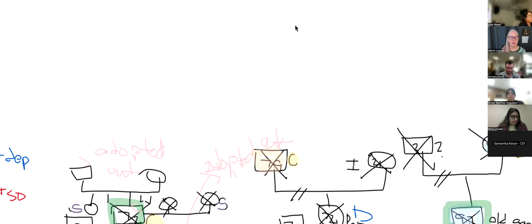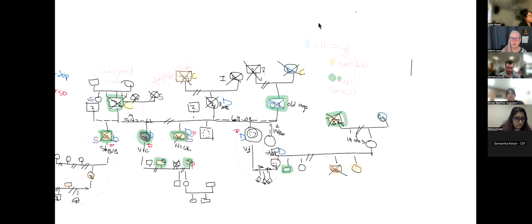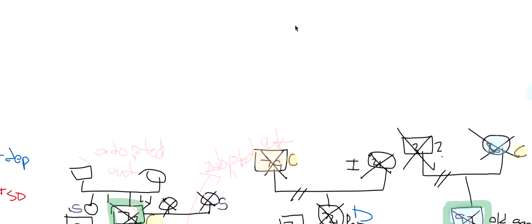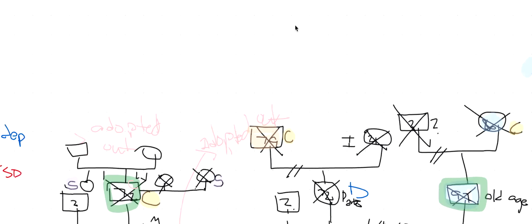So I am going to go back. Hopefully, I've saved my whiteboard. Ah, yes, I saved my whiteboard. Okay. So I'm going to need to look at my cheat sheet over here, the relationship symbols. My mom and her first husband had a pretty violent relationship. So I need to draw this in red.